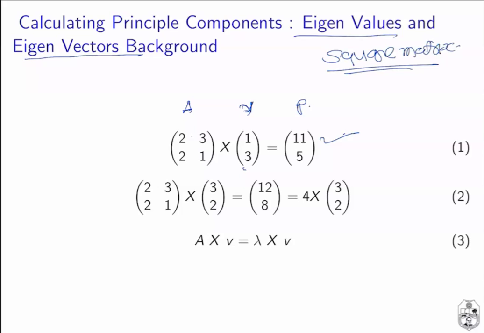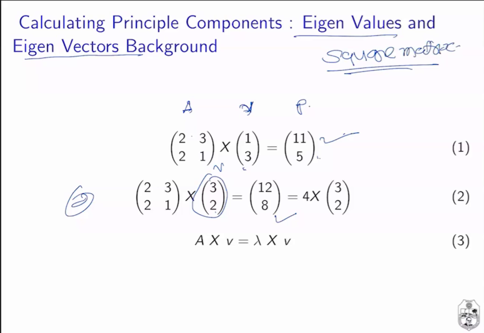And this result you cannot represent as a multiplication of a scalar and another matrix. See here, in case of the second matrix, that is the same matrix A, and the vector here is 3 2. When you multiply 2 3 2 1 by 3 2, you get this result 12 8.